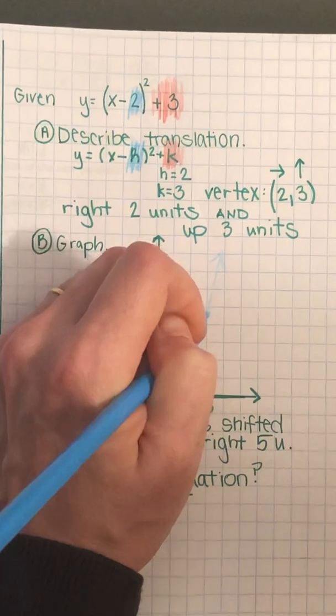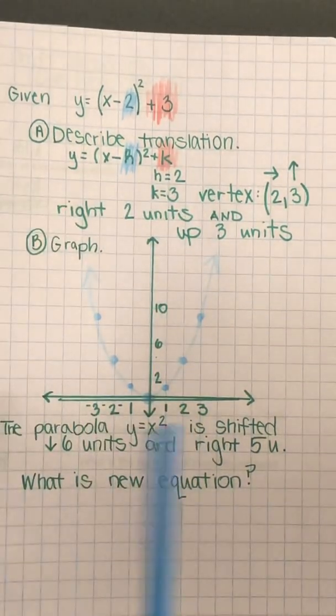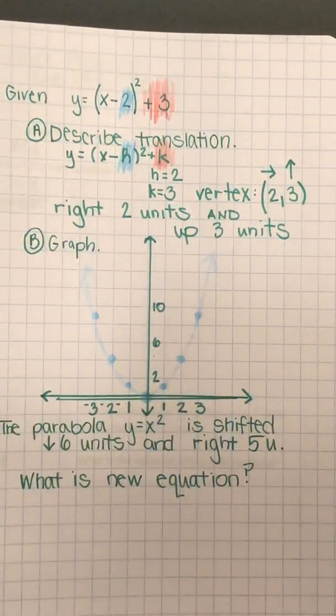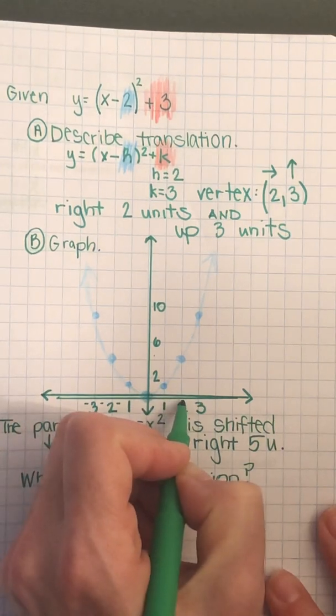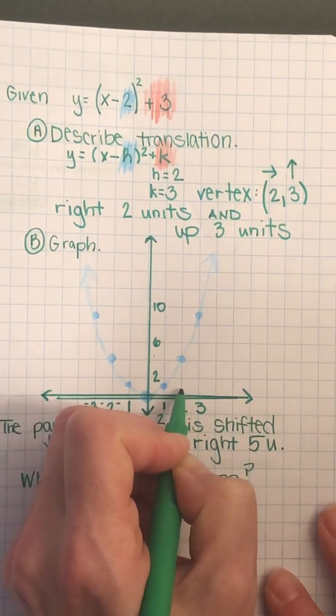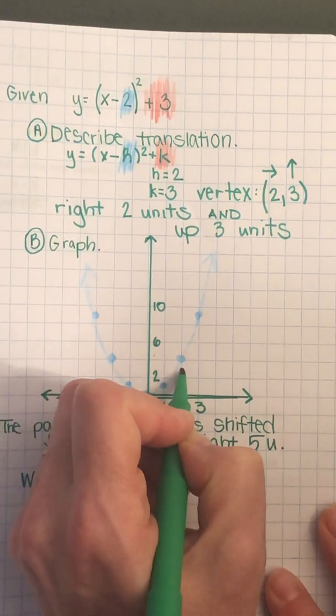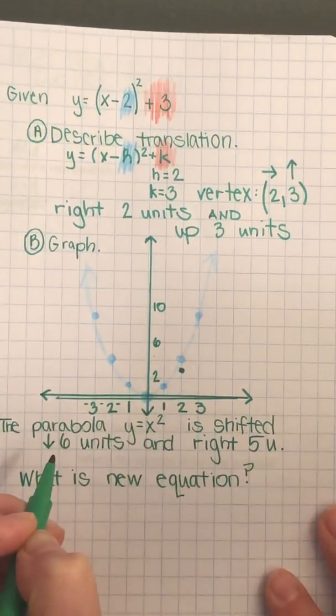Okay, and so every point we're going to move 2 units to the right and 3 units up. So I'll do the new one in my actual colors. I'm going to go over 2 and 3 units up. For this one, 3 units is actually each half, just because of the way I scaled it.